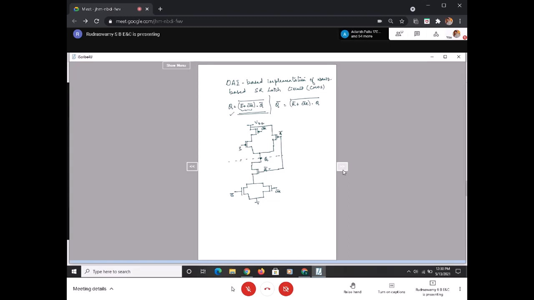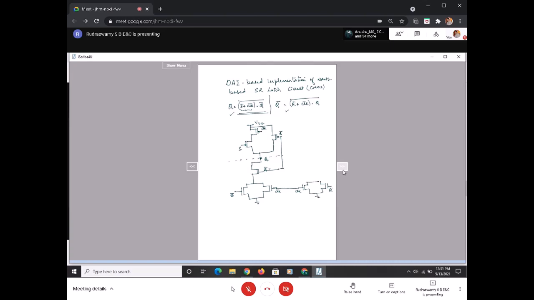Similarly, I'll go for this Q bar. Again, R bar and clock bar are common. This is clock bar, I can have the same connection over here. This is my R bar.